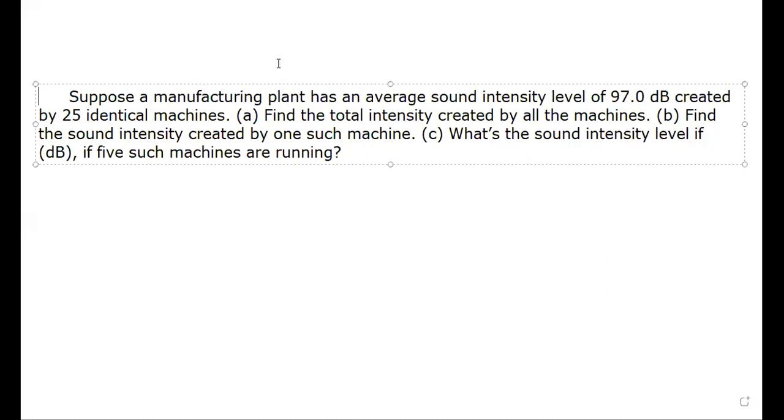Okay, welcome back. So the question says, suppose a manufacturing plant has an average sound intensity level of 97.0 decibel created by 25 identical machines.